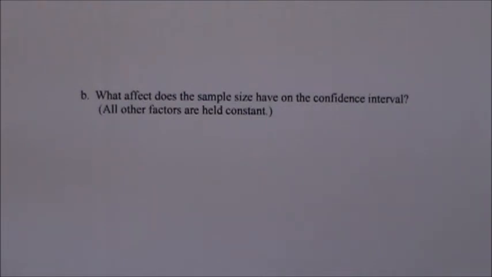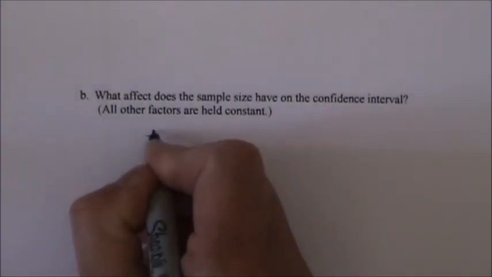If we think about what the margin of error is, it is the number that we add and subtract to the mean to get the confidence interval, which would then mean that as the sample size gets bigger, the number we are adding and subtracting is getting smaller, and if that number is getting smaller, the lower value and the upper value of our confidence interval are getting closer and closer together, which would mean that that confidence interval is getting smaller.